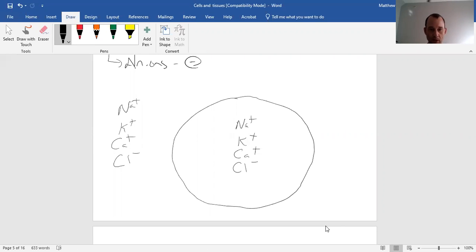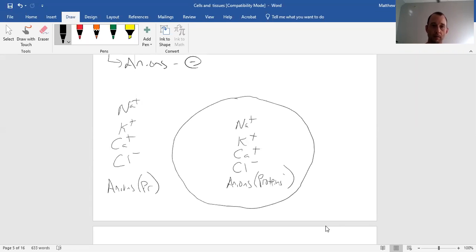You also have various other anions. Those are negative charge stuff. Some books just say a bunch of different proteins with their negative charge inside versus outside. So we have the same things inside versus outside. What we need to know is there's a different amount inside versus outside for these ions.